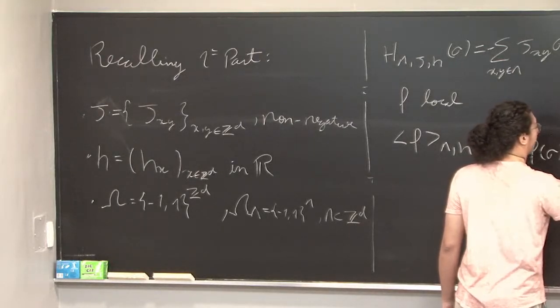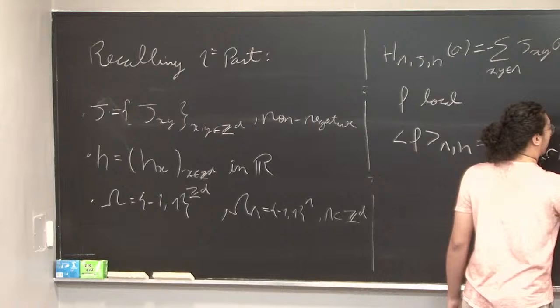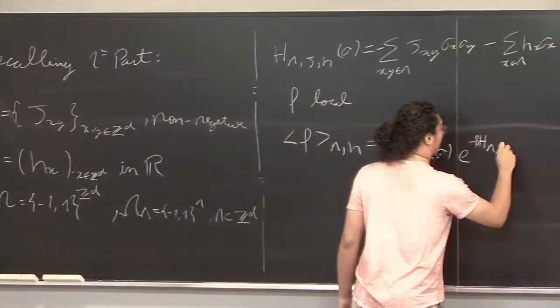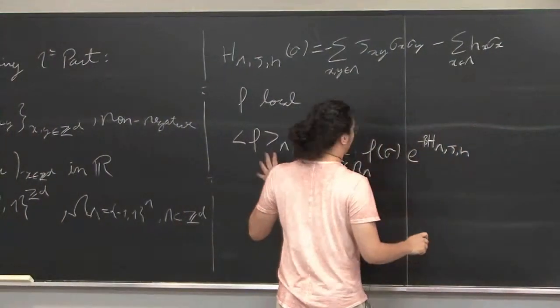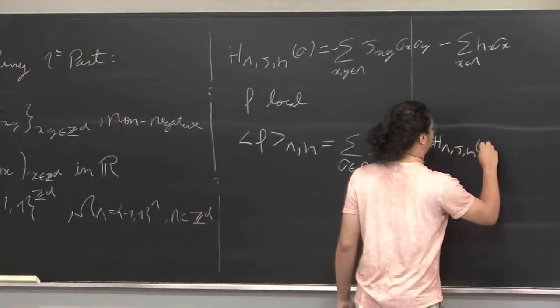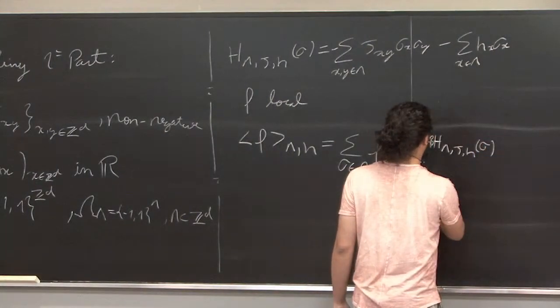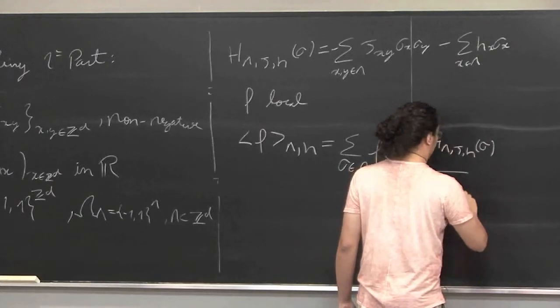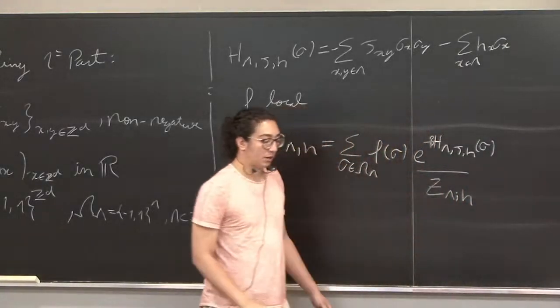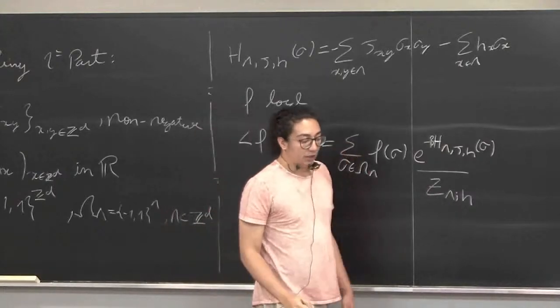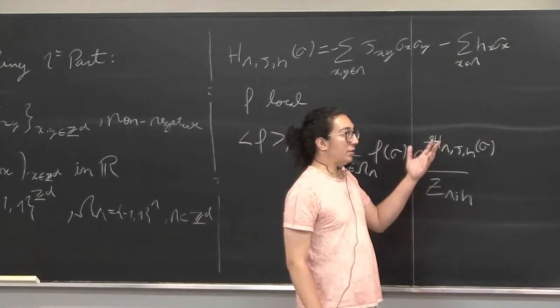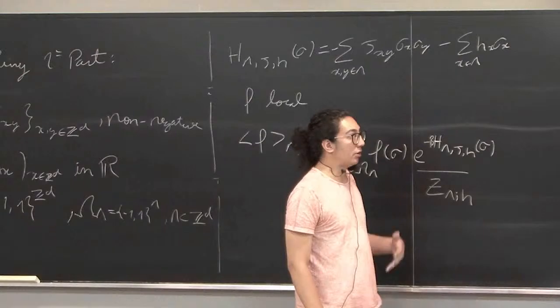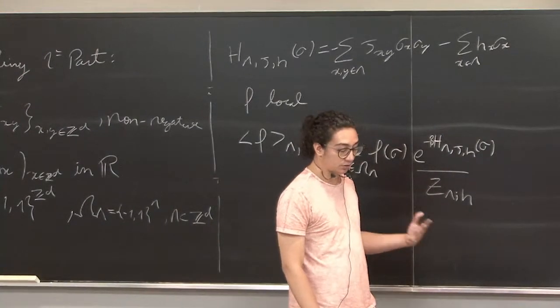There's a beta here, the temperature, which I'm also not going to keep writing down because it will always be fixed, and a partition function. Again, I will omit J. So in this generality, Lucas announced the FKG inequality or GKS inequality and so on and so forth.